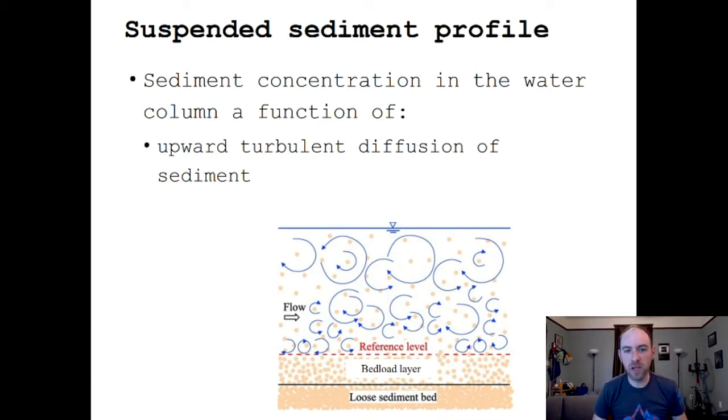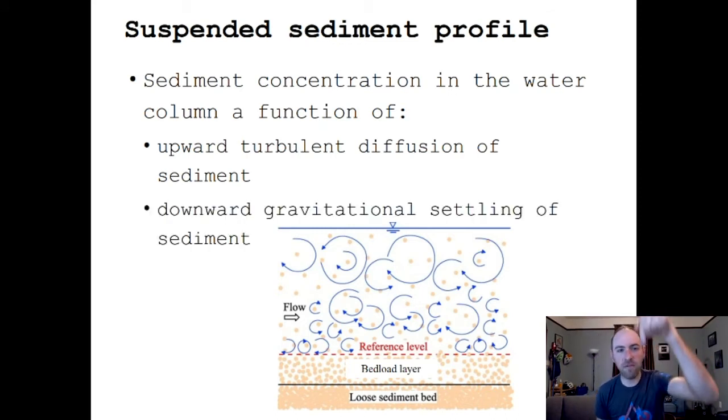But that's not true because there's a resisting force in this case. The driver of suspension into the water column is that turbulent diffusion, but the resistor is the fact that gravity is always pulling those particles downwards. And so you have a settling of those particles, or a resistance to that upward diffusion, that results in the particles wanting to stay closer to the bed.